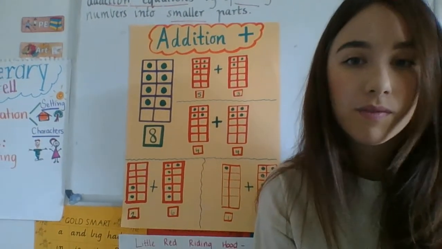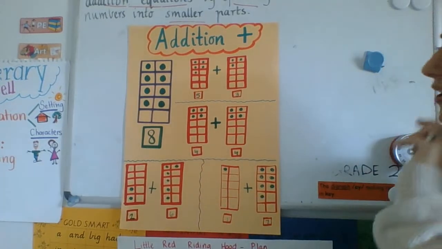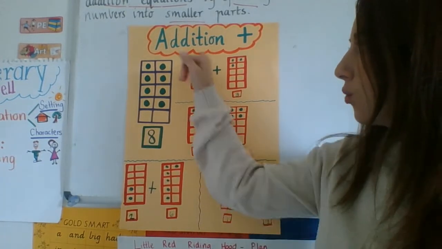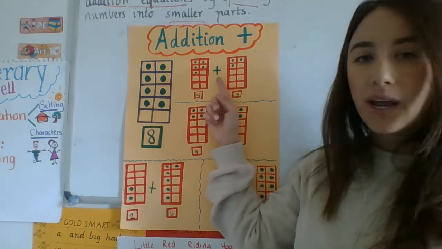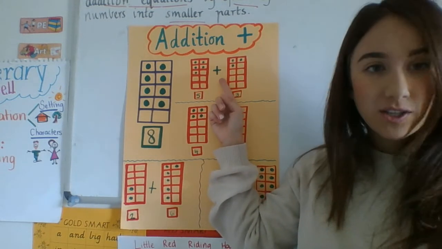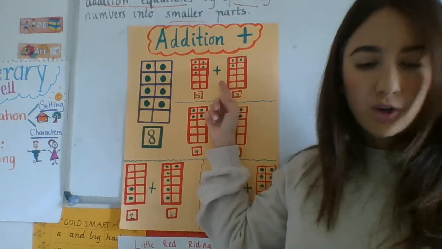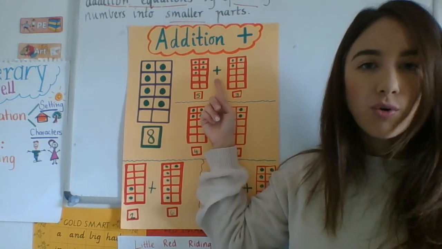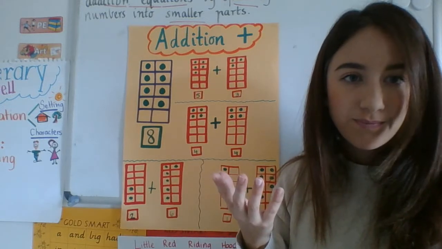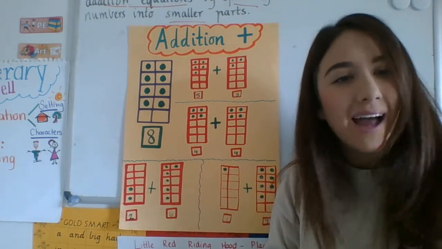Okay. I know that I can make the number 8 with 5 and 3 more. This symbol here, boys and girls, is the addition symbol. Now, I know a lot of you call it plus, okay? We want to call this symbol and, okay? Because plus means and.